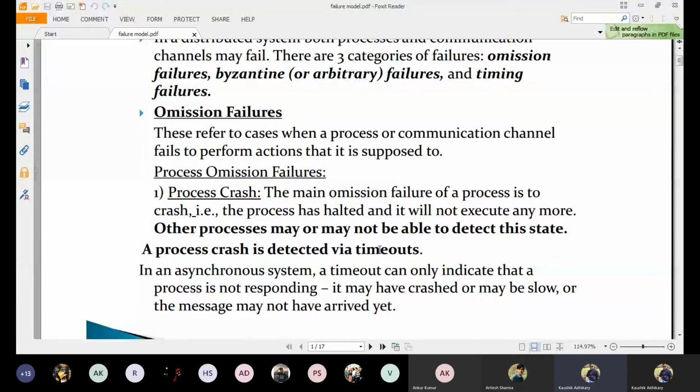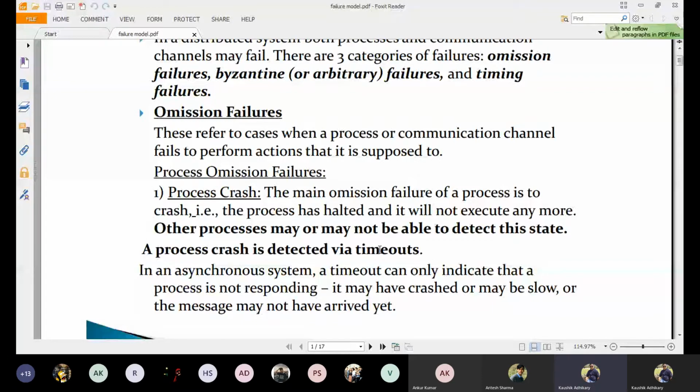Timeouts means that I have set a time limit within which I should receive a response from the receiver. In a synchronous system, we have time limits, that within a particular time frame I should get a response.